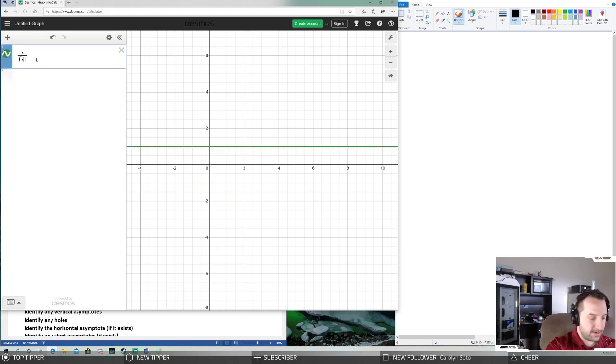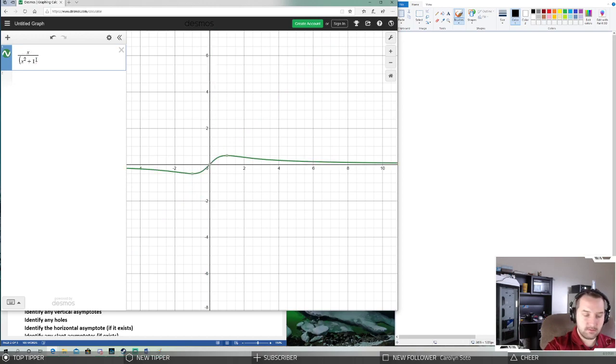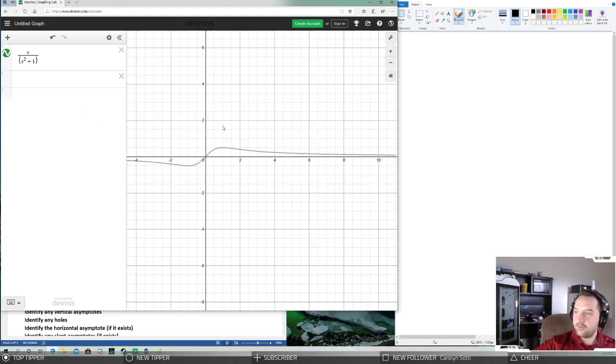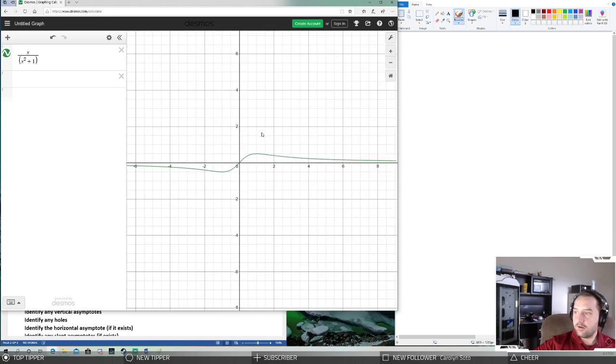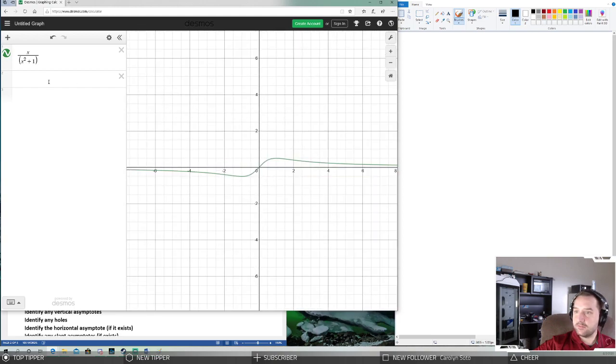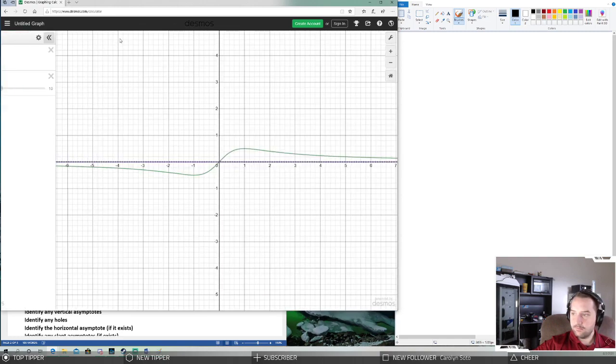And it doesn't look like there are any vertical asymptotes here, just even looking at this graph, so I don't have to worry about that. But there is a horizontal asymptote. The denominator has a greater degree than the top, so I'm going to say y equals 0. So there's my horizontal asymptote.